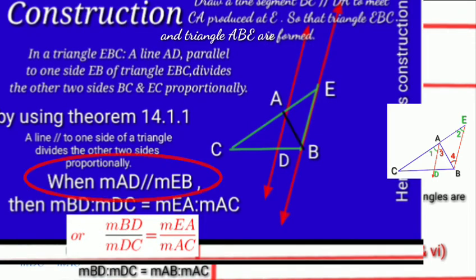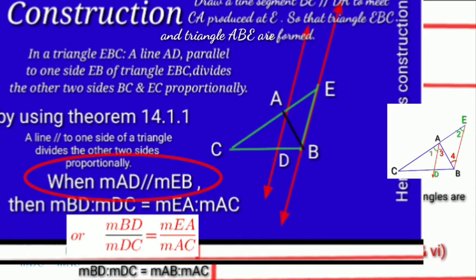Here we discuss measure AD parallel measure EB, which is equation 3. By using theorem 14.1.1, in a triangle EBC, a line segment AD which is parallel to the side EB divides the other two sides BC and EC proportionally.